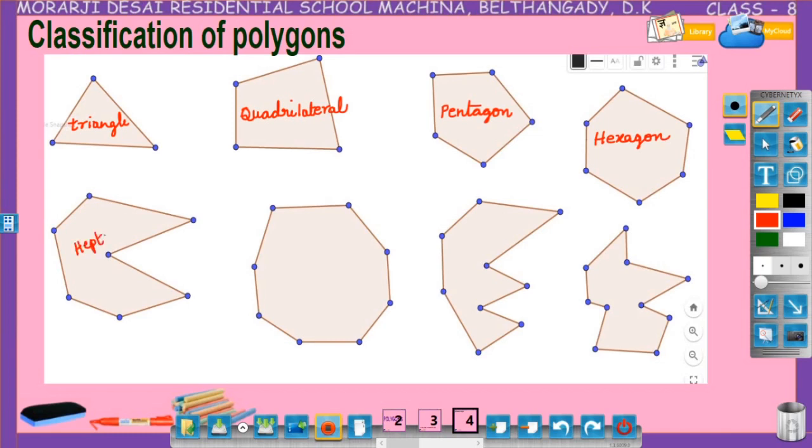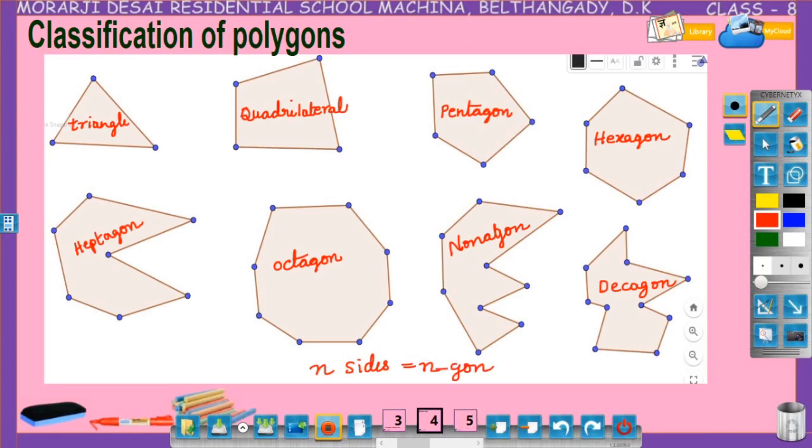Polygon having 7 sides is called heptagon. Polygon having 8 sides is called octagon. Polygon having 9 sides is called nonagon. And 10 sides is called decagon. Polygon having n sides is called n-gon. This is about classification of polygons.